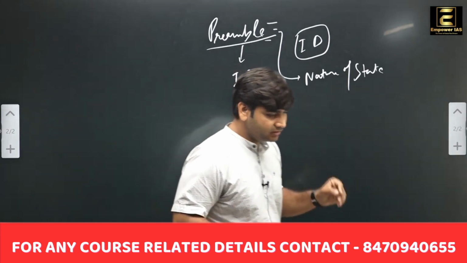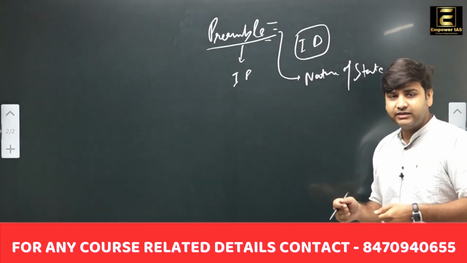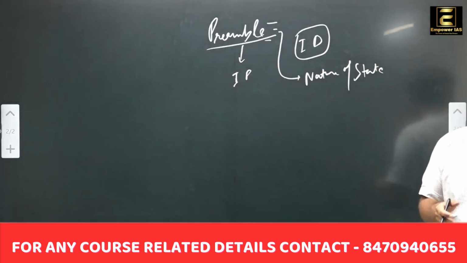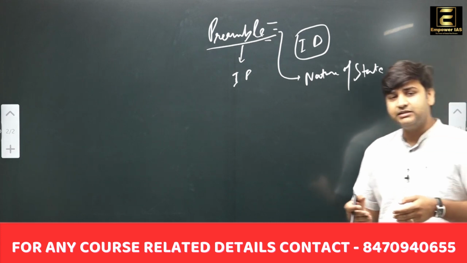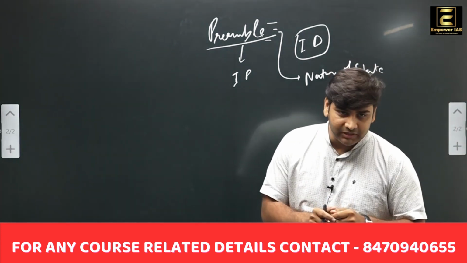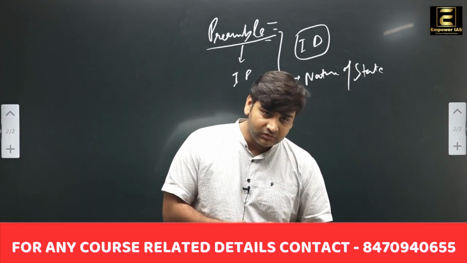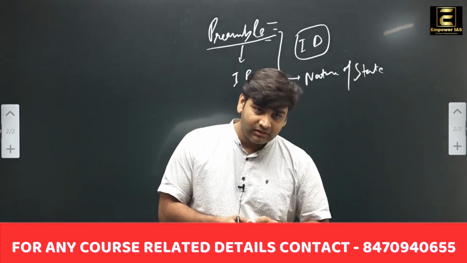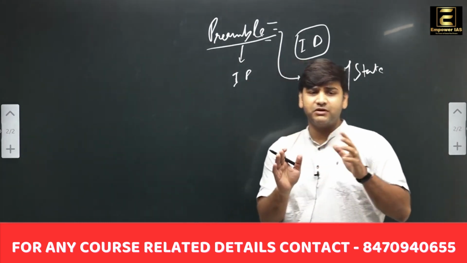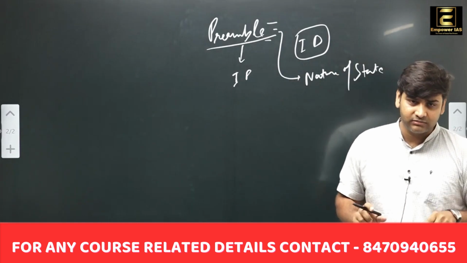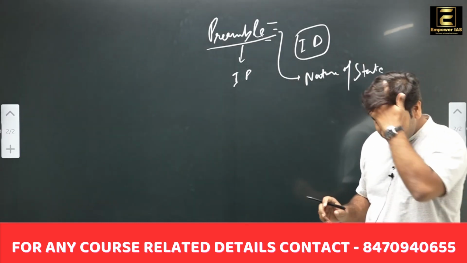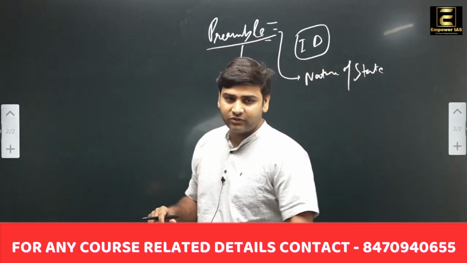So first thing, what does an identity card tell you? It tells you your name. Second, it tells you about the position you hold in the company. Third, very important, it tells you which company you belong to. So it gives the basic information of what you are. Sometimes it happens that your ID card is found somewhere on the road.